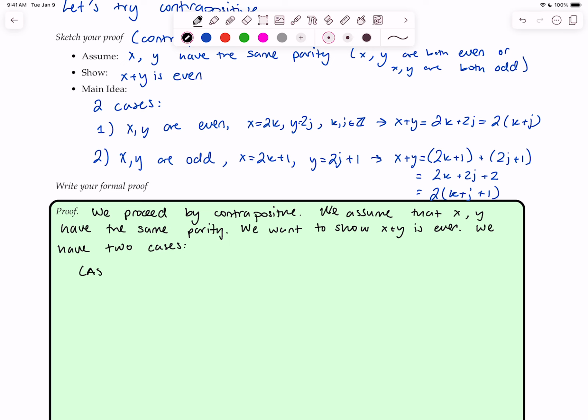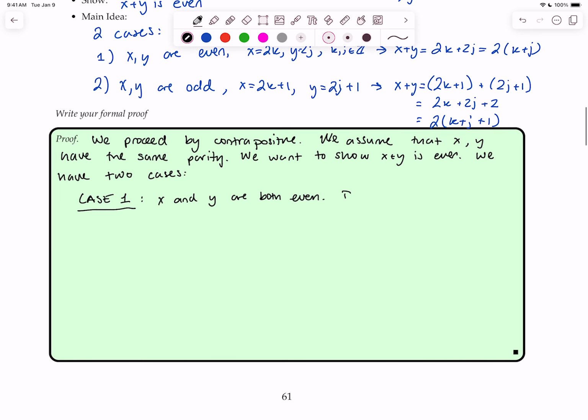Case 1: x and y are both even. So that's our first case. We want to get equations going, because it's nice to work with equations. We know how to manipulate equations, so we want to use them.